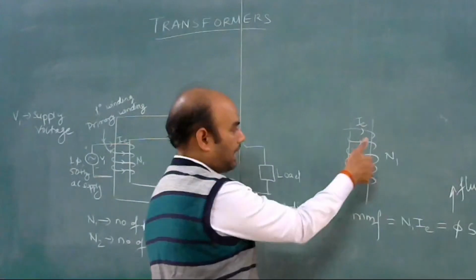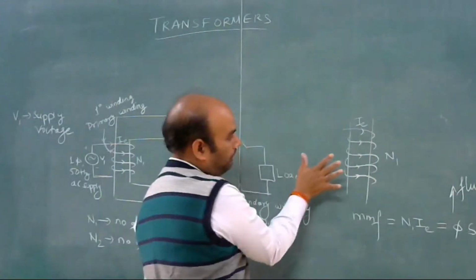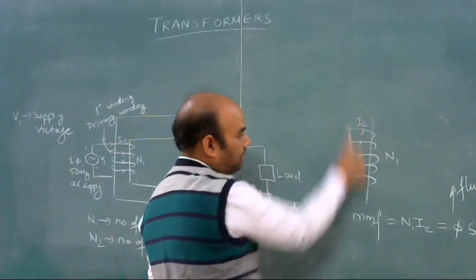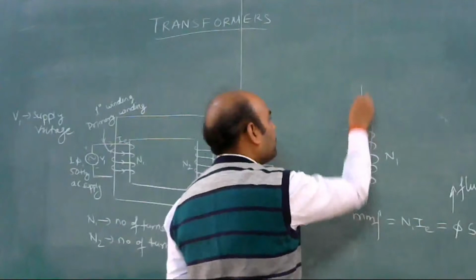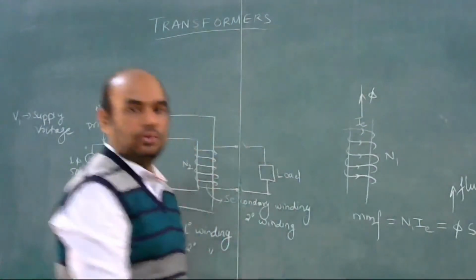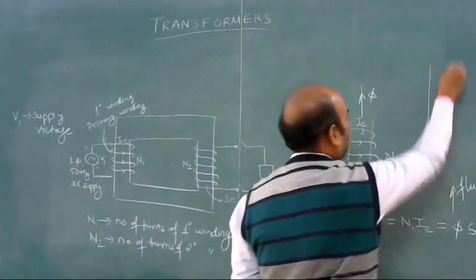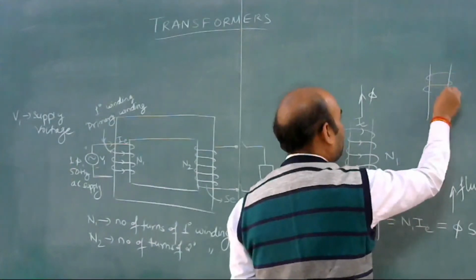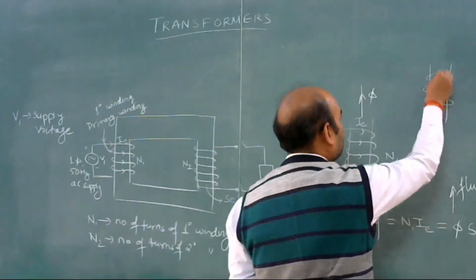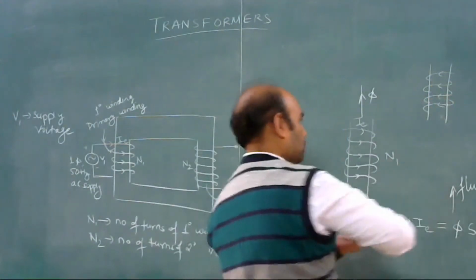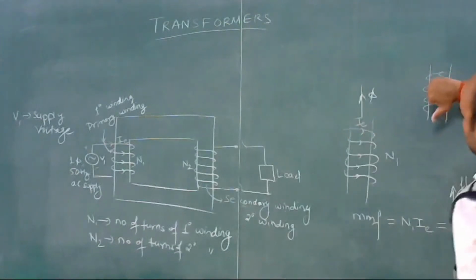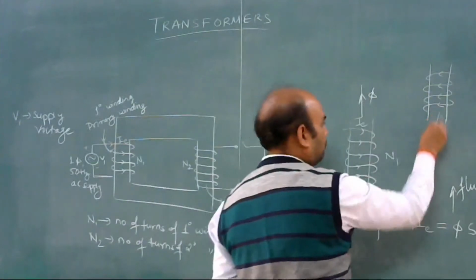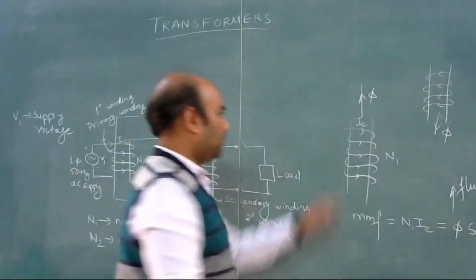will be given by the thumb rule. If the current is flowing in this direction, the flux phi will be produced in the upward direction. So the current is flowing like this, in the downward direction, and we can find the direction of the flux.